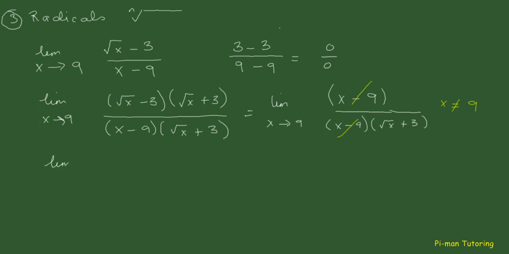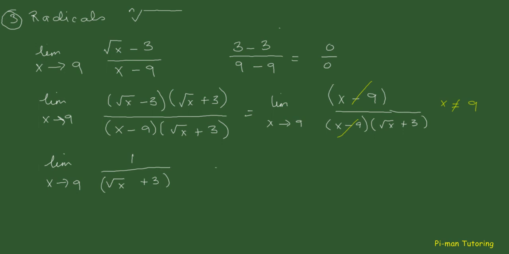So the limit as x approaches 9, now we can feed in the value of 9 to the remaining function, because we've taken away the part of the function that causes the problem. So it's perfectly okay to evaluate this function at 9.